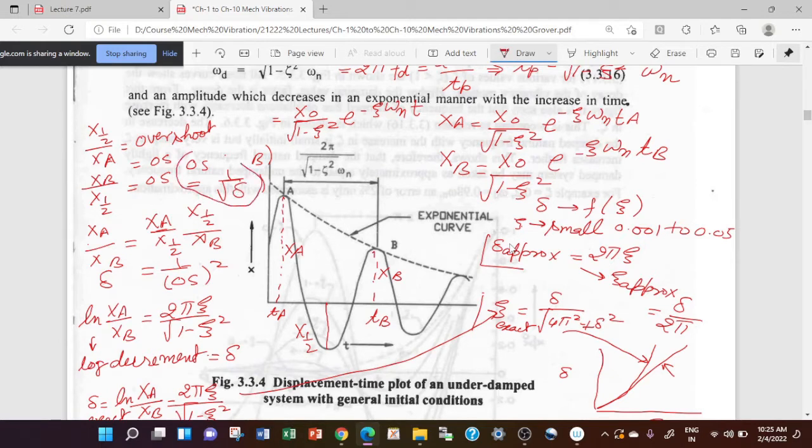So if you know the logarithmic decrement of a damped vibration, you can find the overshoot of the problem.